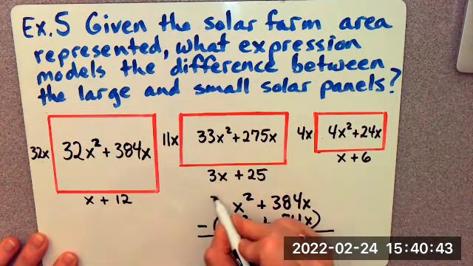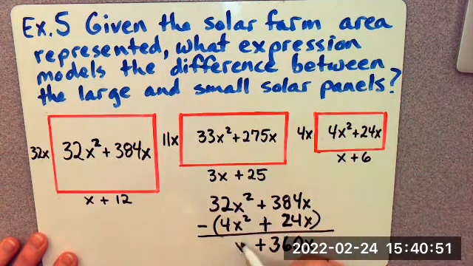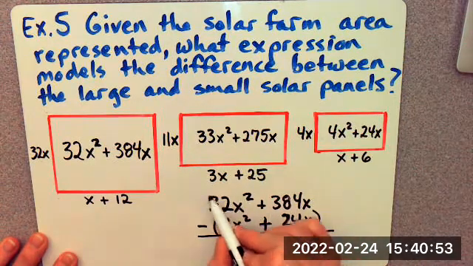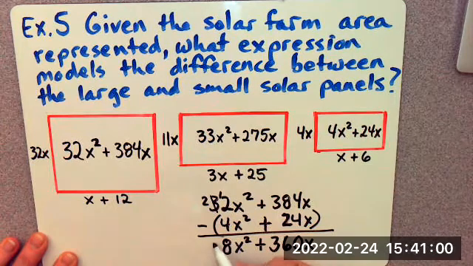That's a 32x squared. That makes a big difference. Okay, so I've got x squared here, and I'm going to carry there. So 12 minus 4 is 8, and 2 minus nothing is just 2.